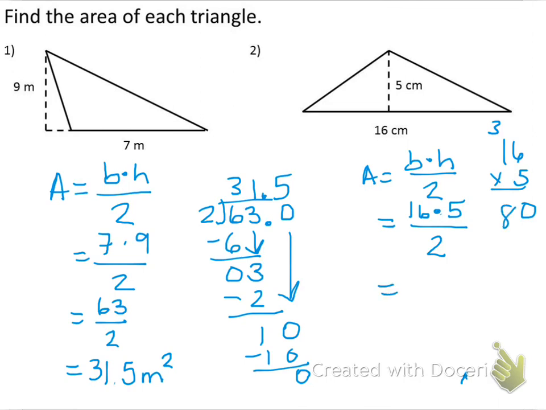So now we have 16 times 5 gives us 80 divided by 2. Now 80 divided by 2, I can do that in my head, but if you want to do the work on the side, you can. But I know that 80 divided by 2 is 40. And so our area is 40 centimeters squared.